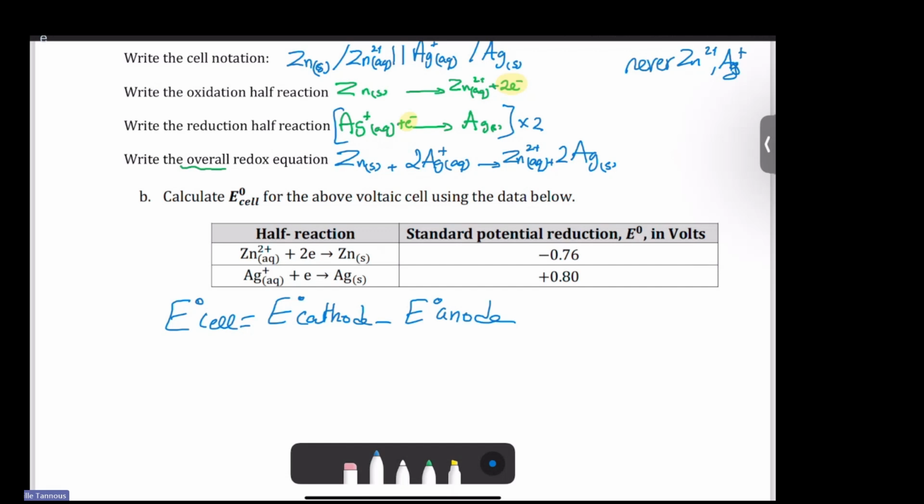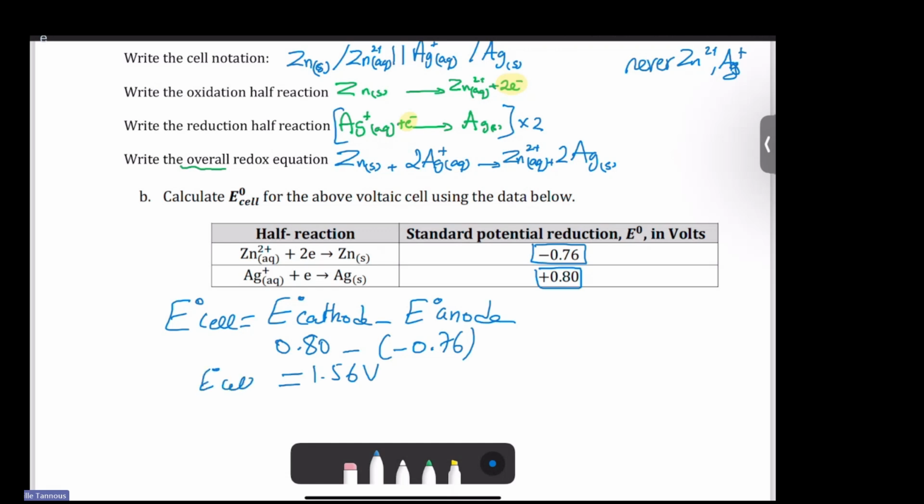Since we said that Ag is the cathode, it is 0.80 minus the anode. And the answer is 1.5 volts.